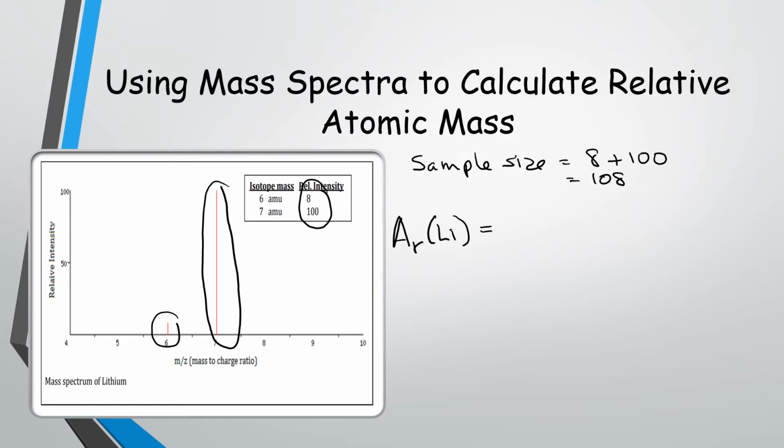You can see here that 8 out of 108 have a mass of 6, plus 100 out of 108 have a mass of 7. So using my calculator, I can find that this will add up to 6.93 as a relative atomic mass. It doesn't have a unit because it's in comparison to carbon-12.